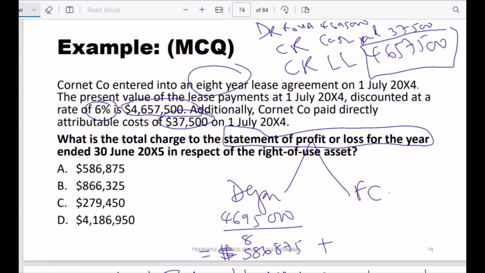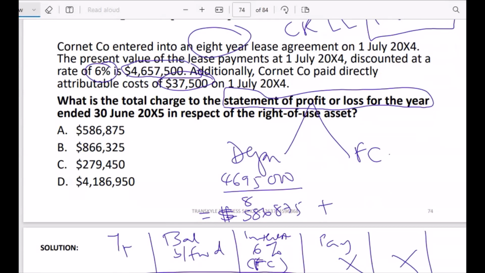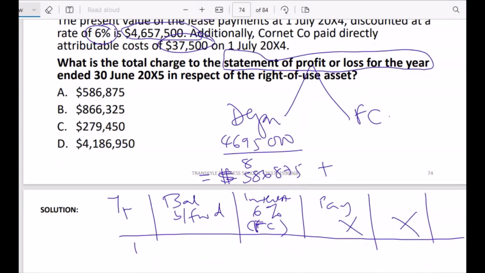The right of use asset figure is used to calculate the depreciation. However, when it comes to the amortization, we are amortizing the lease liability. So the opening balance should be the present value of the lease payments, which we determined earlier. You just have to copy and paste this figure to this particular cell.